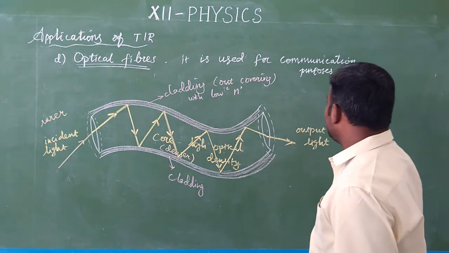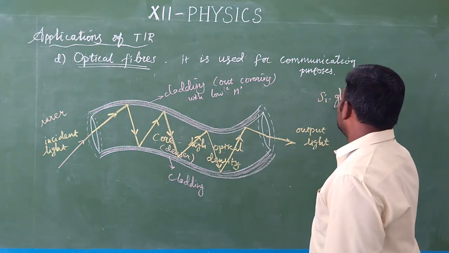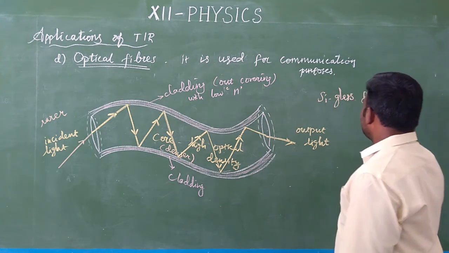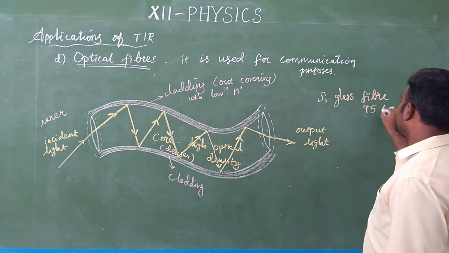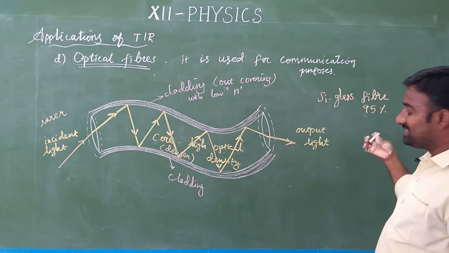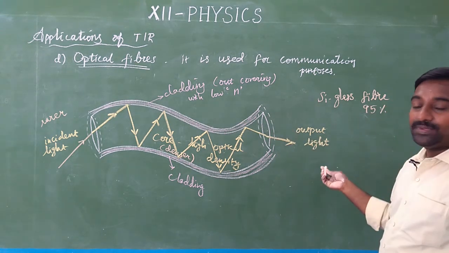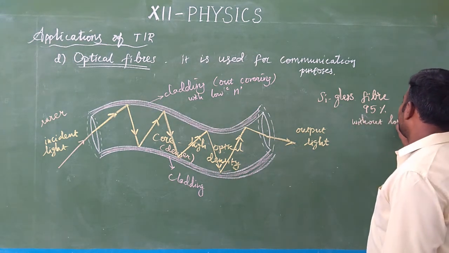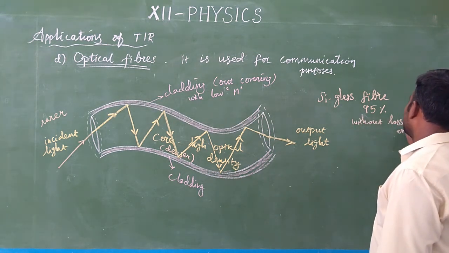If you use a silicon glass fiber, nearly 95% of the light we get back as output without appreciable loss in energy.